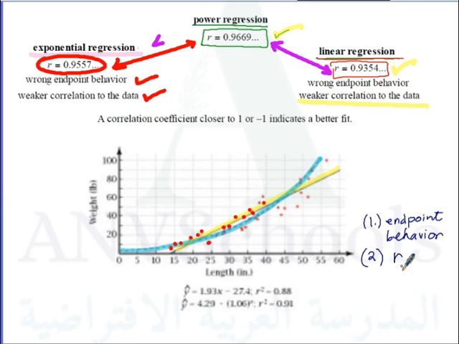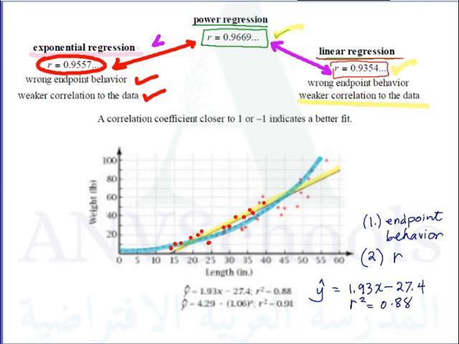Just to clarify, because it's not very clear here, y hat is equal to 1.93x minus 27.4 for the linear regression, and our r squared is 0.88.